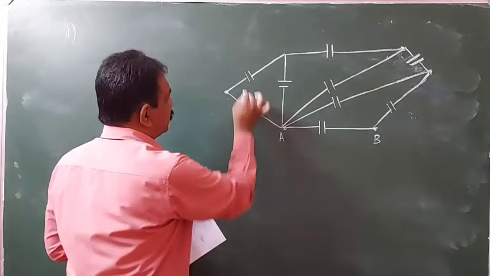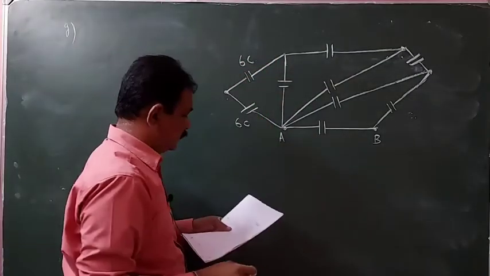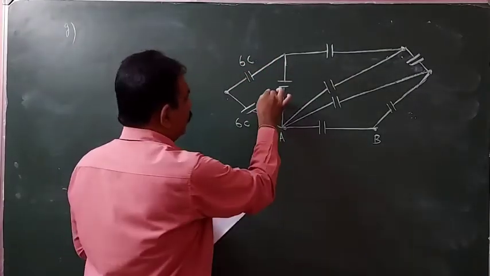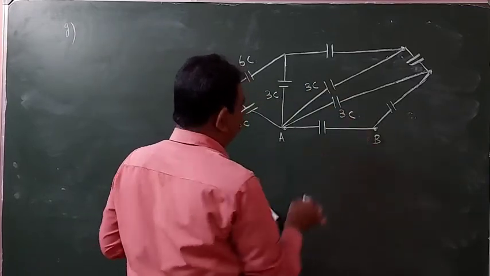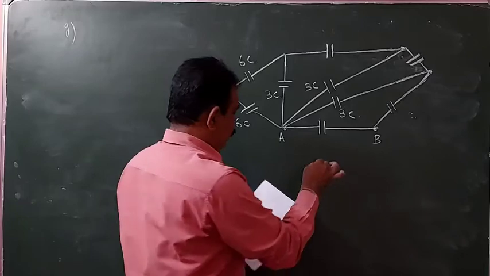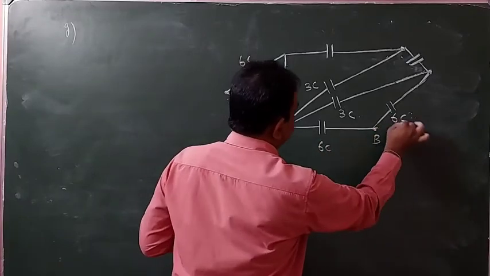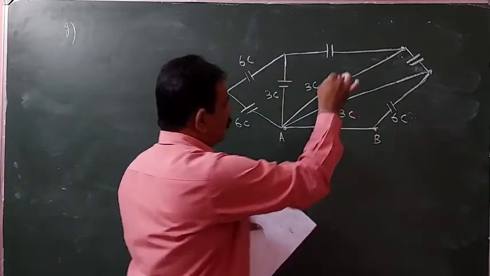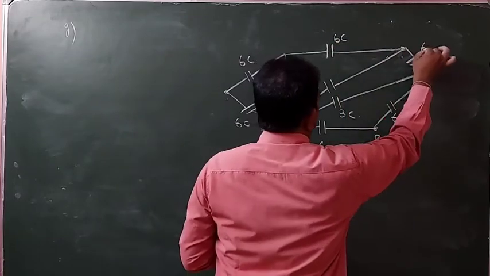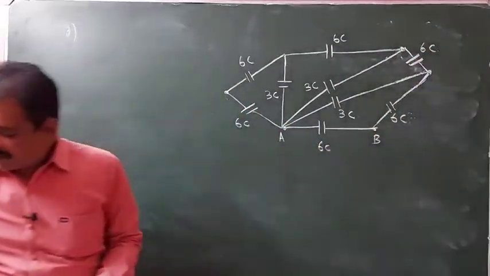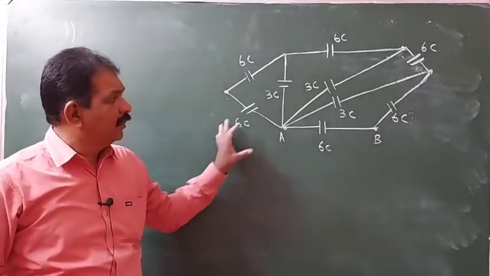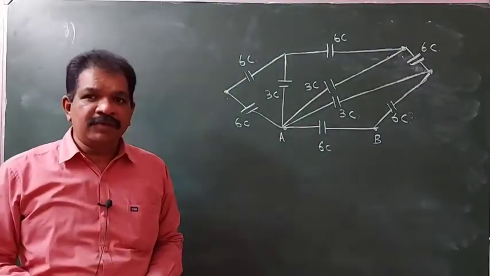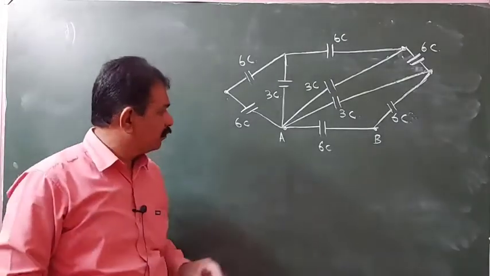Here it will be 6C, 6C. Here it will be 3C, 3C, 3C. Here it will be 6C, 6C, 6C, 6C. Like this one circuit is there. They are asking to find the effective capacitance between A and B.